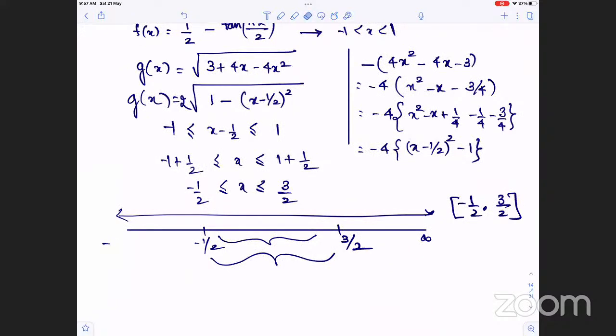I'll rectify it now. So it should be -1 and +1. Again, for g of x, this one will not be here, this one will be here. Let me redraw this diagram.